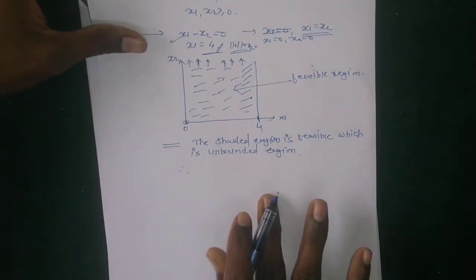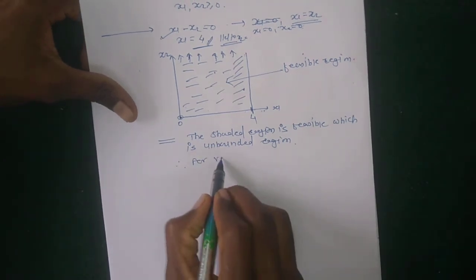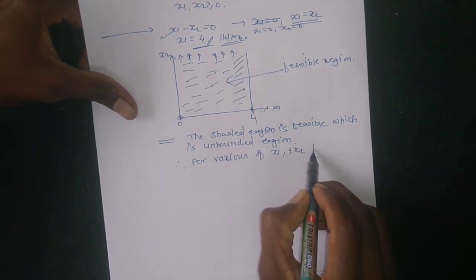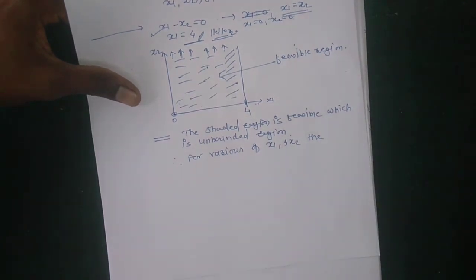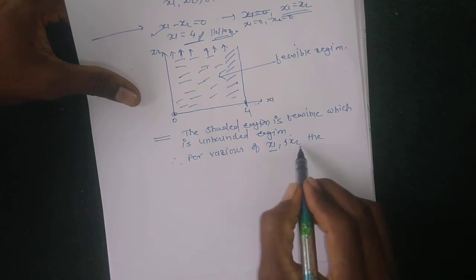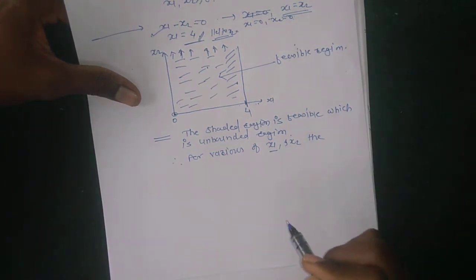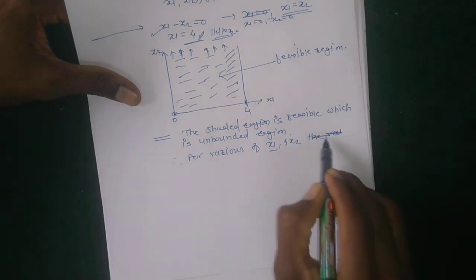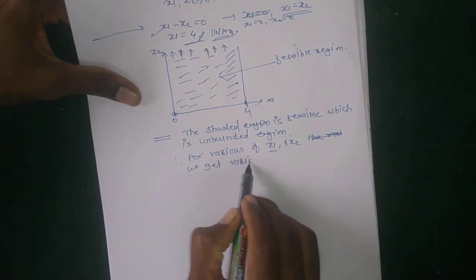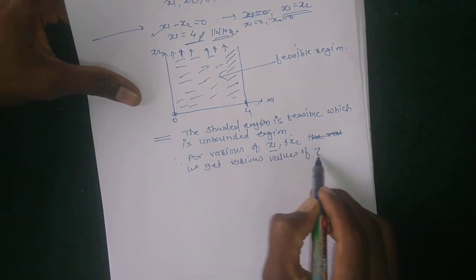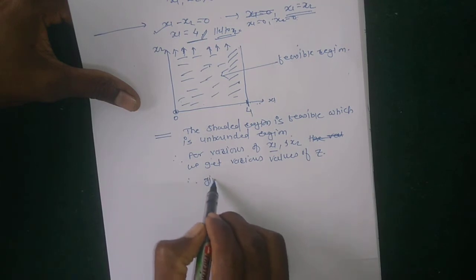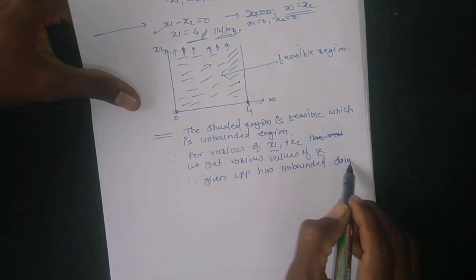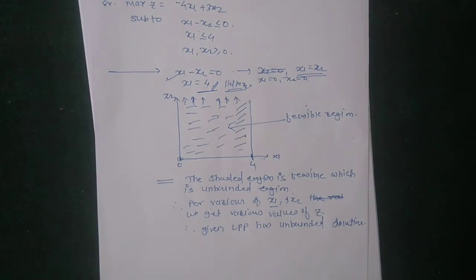And therefore for various values of x1 and x2, the value of the objective function z changes. Okay, when x1 and x2 change, the value of the objective function also changes. So for various values of x1 and x2 we get various values of z, and therefore the given LPP has an unbounded solution.